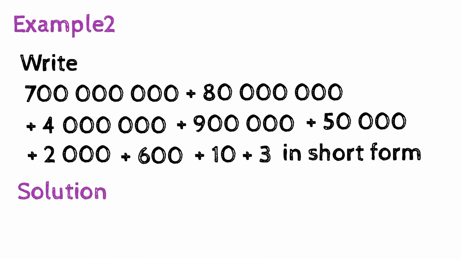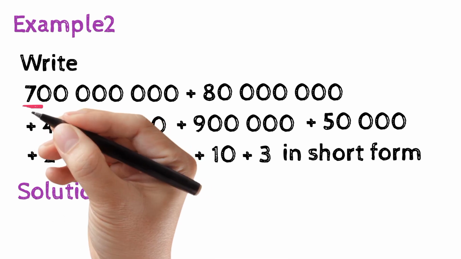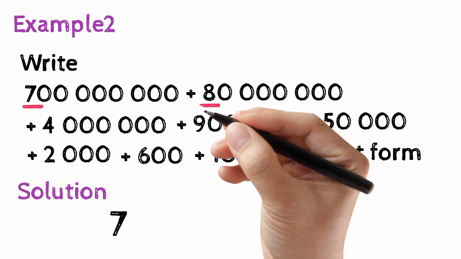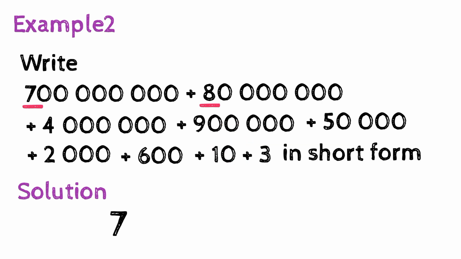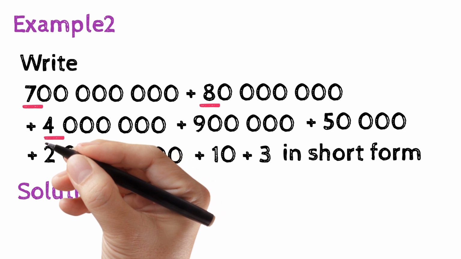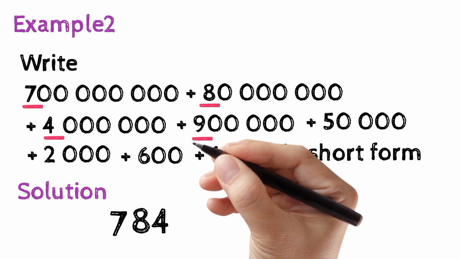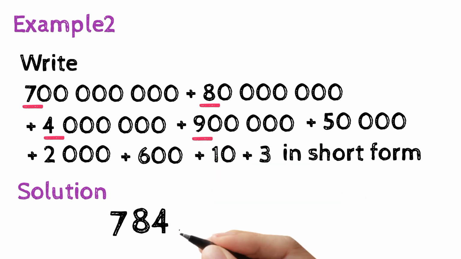So solution. It is simple. Come to the first number, then you take the first number, which is 7. Then the second number, take 8. Third number, take 4. Followed by, in this number, take 9.